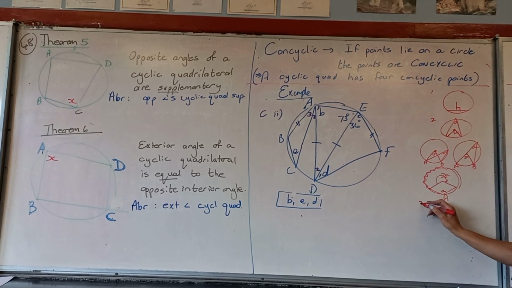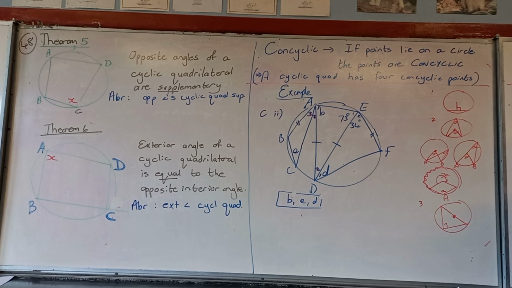Number 3 was a semicircle. Alright, so if you have a diameter, doesn't matter where it is. So in other words, I have to have a center. Mine doesn't look like the center, but I'm telling you it is, then it is. Wherever that angle then goes to the circumference, it'll be 90 degrees.